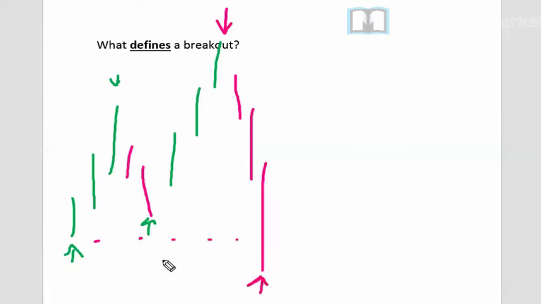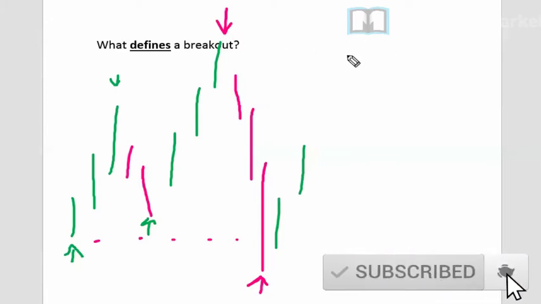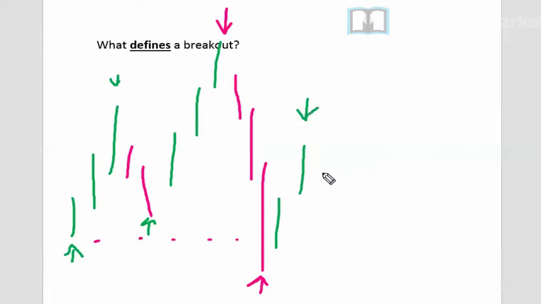And let's say it goes up, but it does not break this previous swing high, and you have a new lower high. In this sequence, we see that a new downtrend has confirmed.